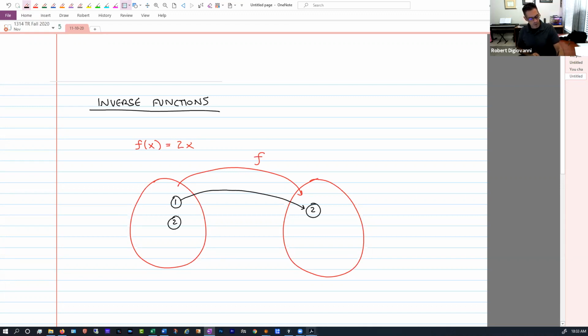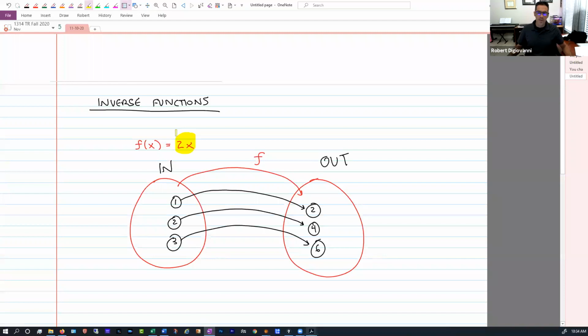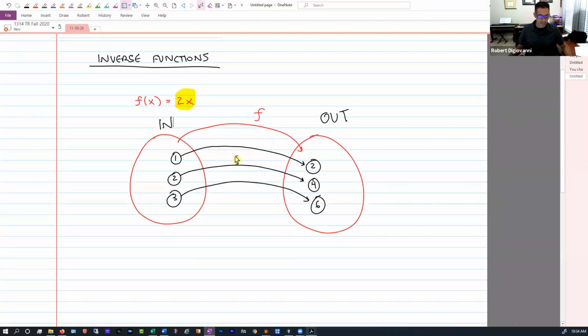It'll take the number 2 and double it, and it becomes 4. It'll take the number 3, comes through the function and becomes a 6, right? That's pretty straightforward. Just doubling whatever is going in. This is the input. Whatever comes out is just twice as much. So the function that we're looking at here is f.